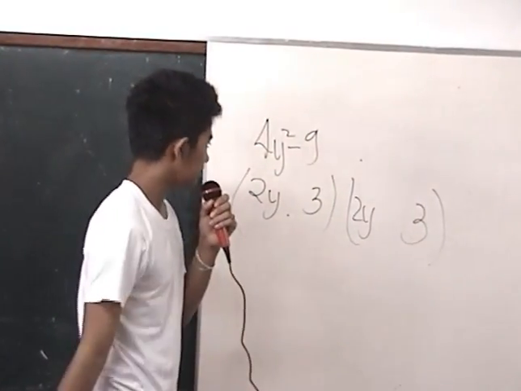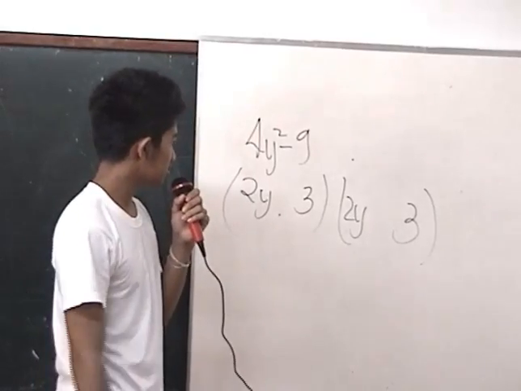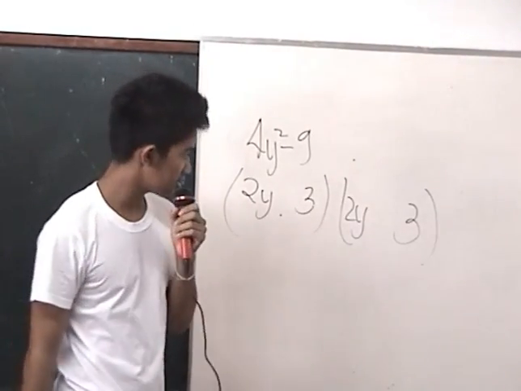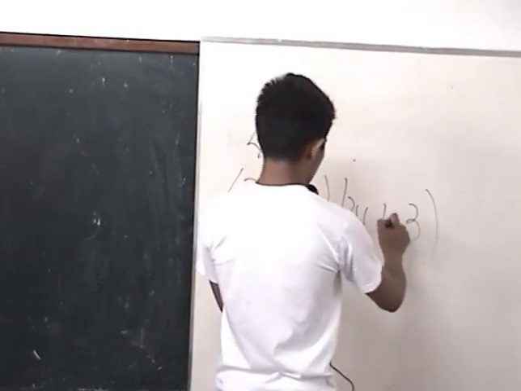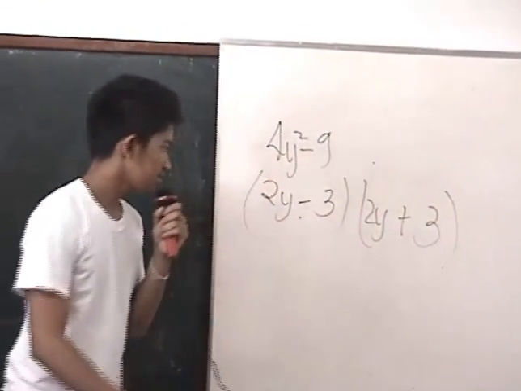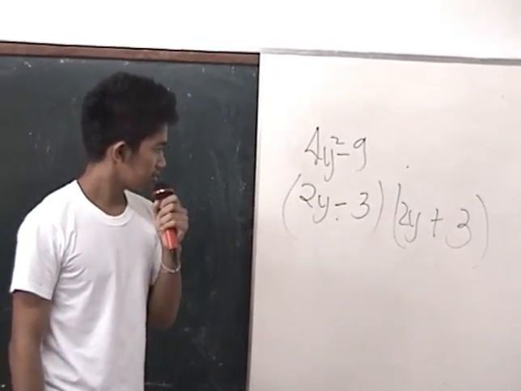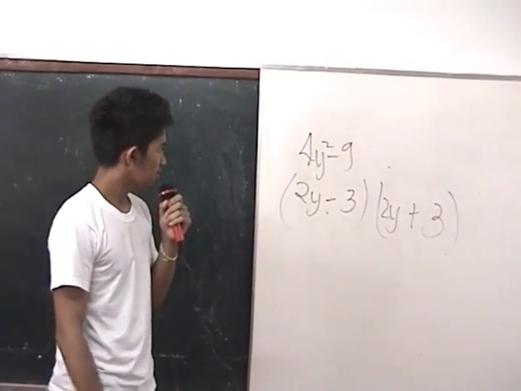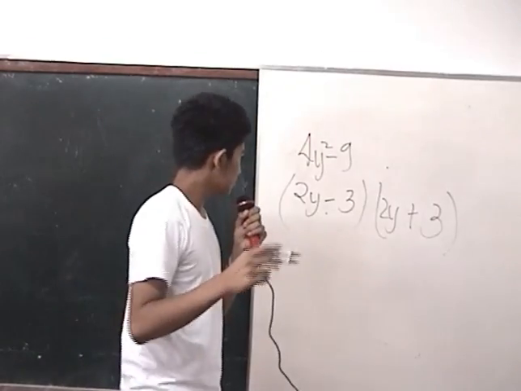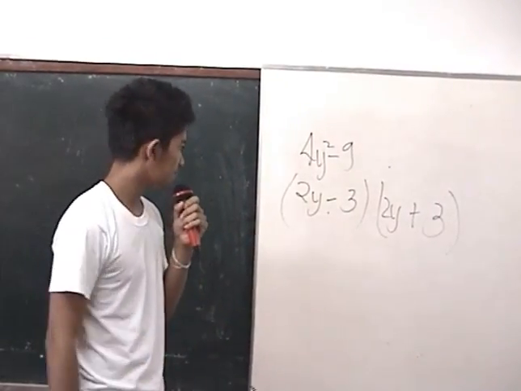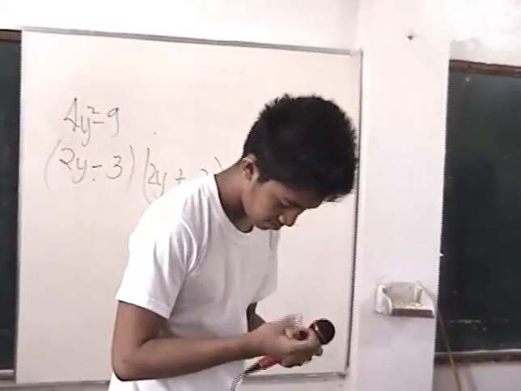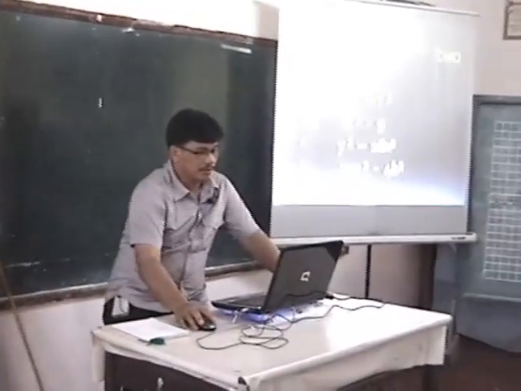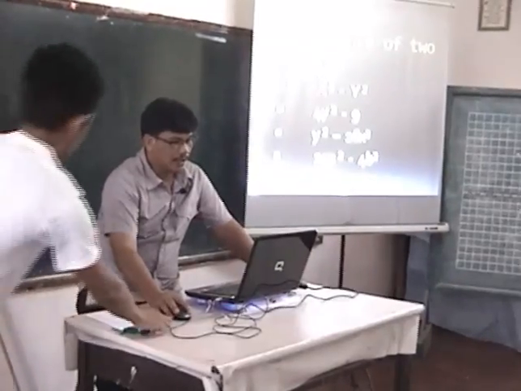Then we get the sum and difference, positive and negative. Then the answer of 4y squared minus 9 is 2y minus 3 and 2y plus 3. Thank you, Mr. Jerry.